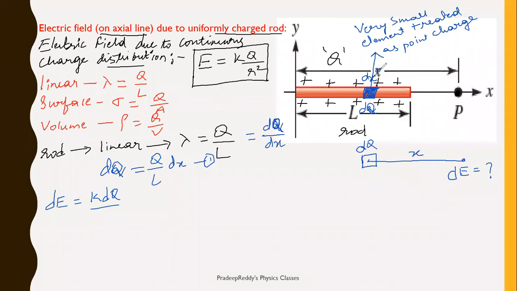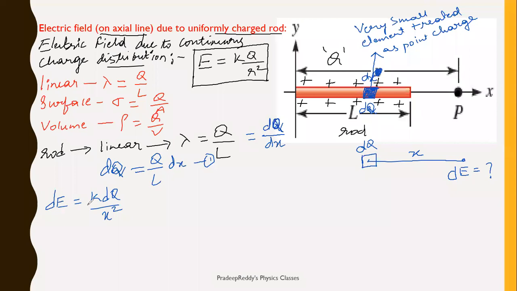Don't take this as x. You take this as x: this is the very small distance from the point charge to the point where you are calculating the electric field. That distance I am considering as x, and I will substitute that x here. It is x square.